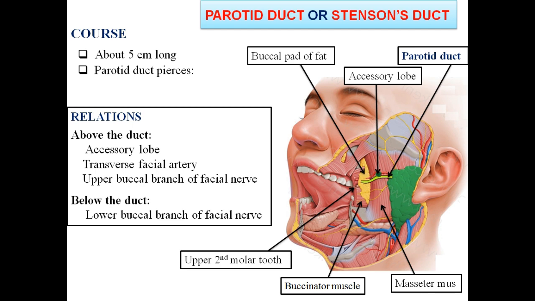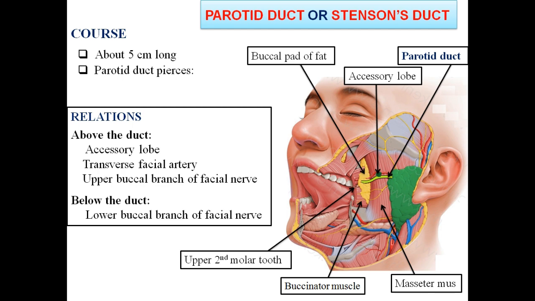It passes downward between the upper buccal and lower buccal branches, and turns medially to enter the oral cavity through the vestibule of the mouth opposite the second upper molar tooth.